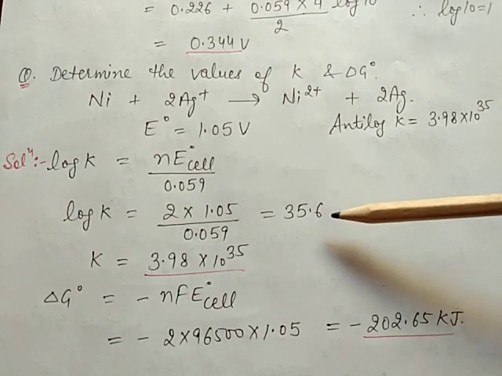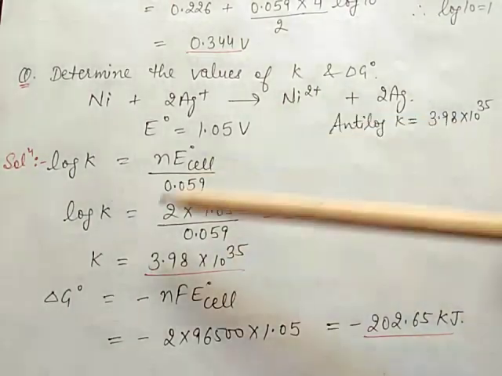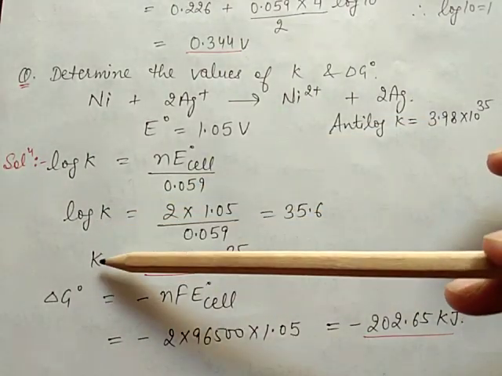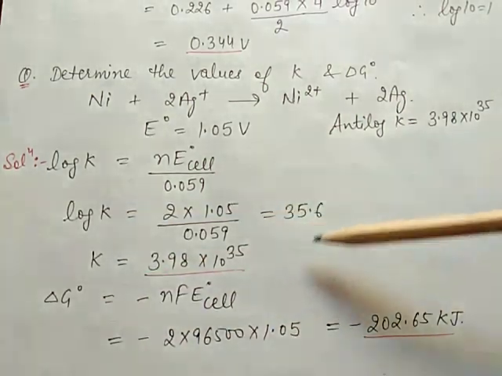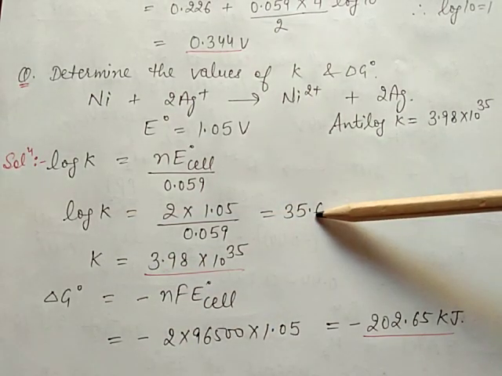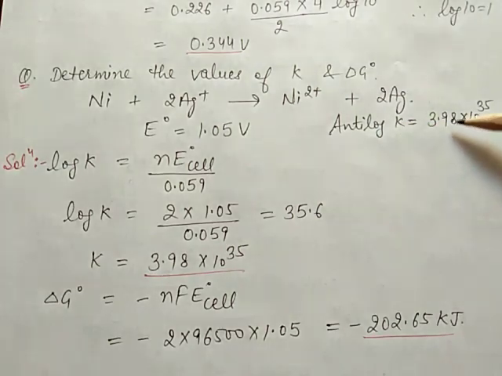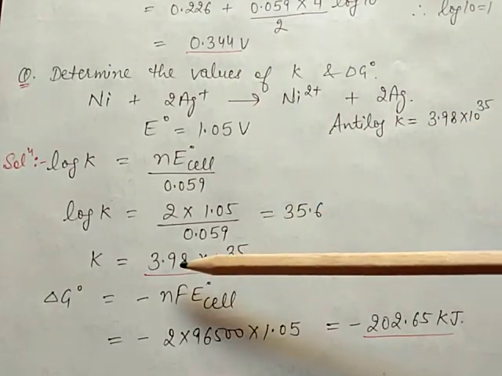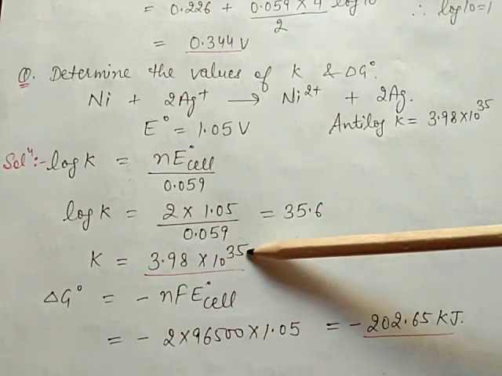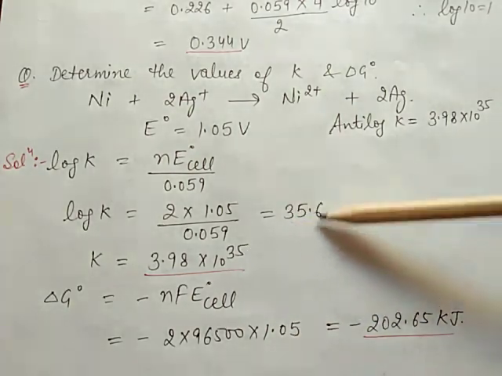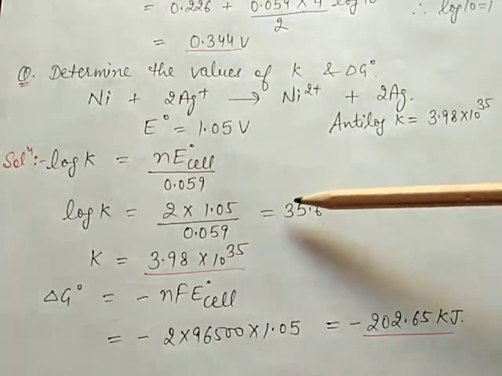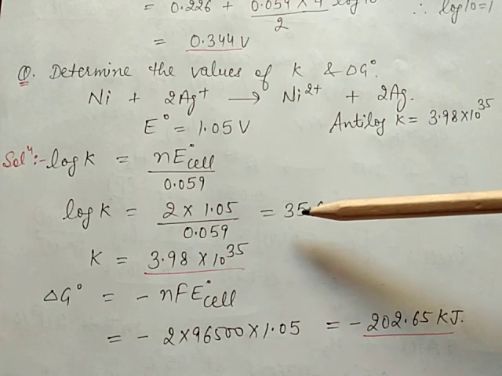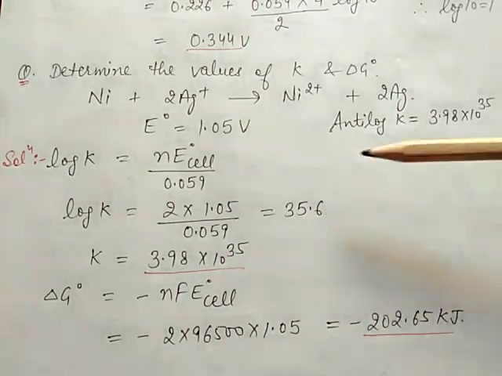Log of K is 35.6. How will you calculate the K? We take the anti-log of 35.6. After calculating, that is 3.98 into 10 to the power 35. This anti-log we have to calculate from the anti-log table.